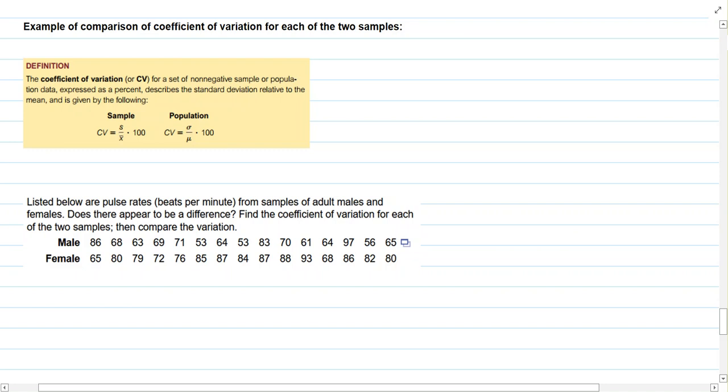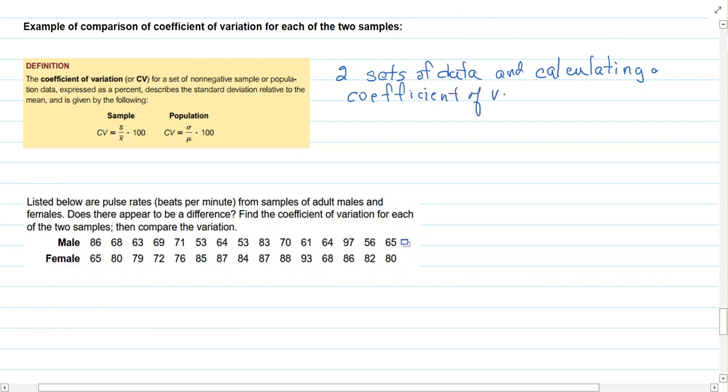So now we have two sets of data, and calculating a coefficient, the coefficient of variation, is a number of change for the non-negative samples.